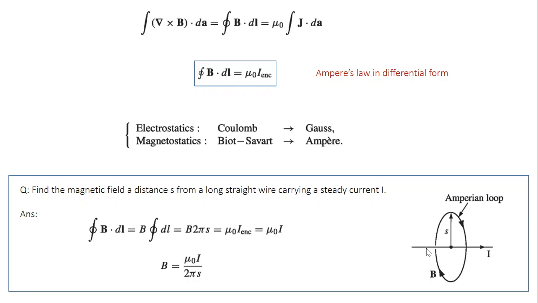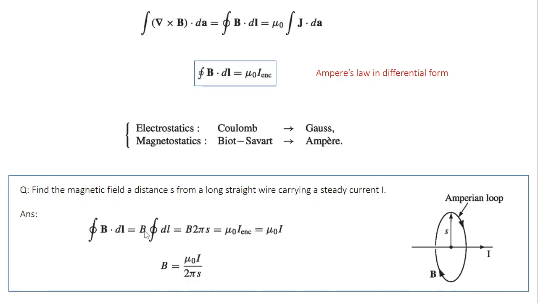Now I can write Ampere's law in the integral form. Sorry for the typo here, this should have been integral form. So Ampere's law in integral form says integral B dot dl equal to mu naught I enclosed. From the nature of the magnetic field, I know that if you take a circular loop around the wire, along this loop the magnitude of the magnetic field is a constant.